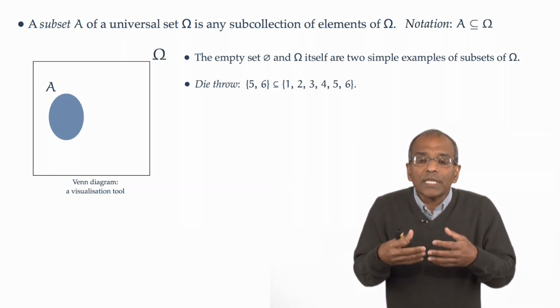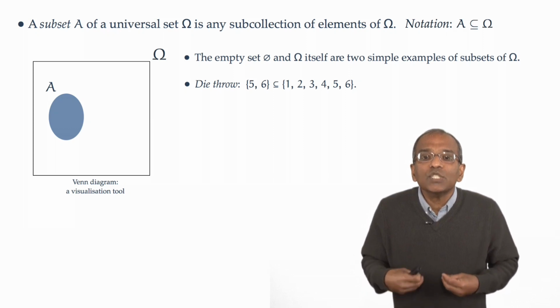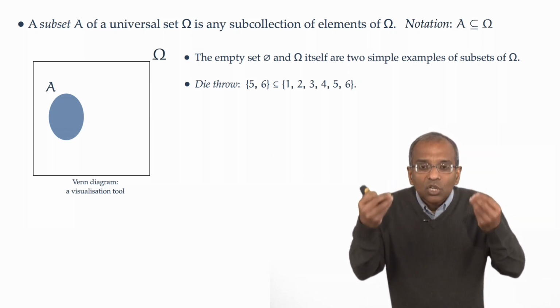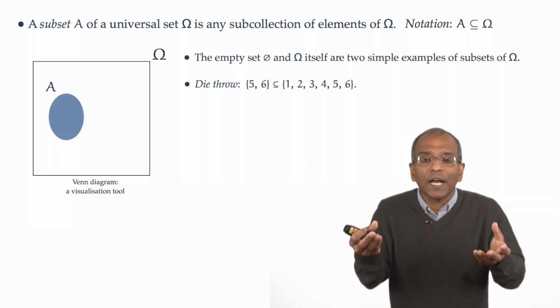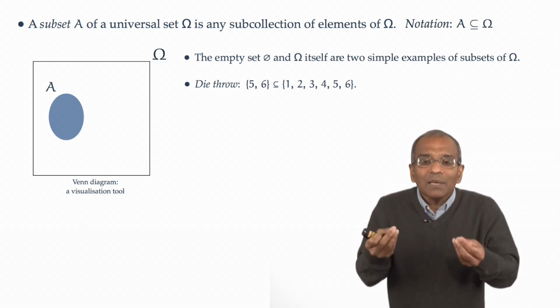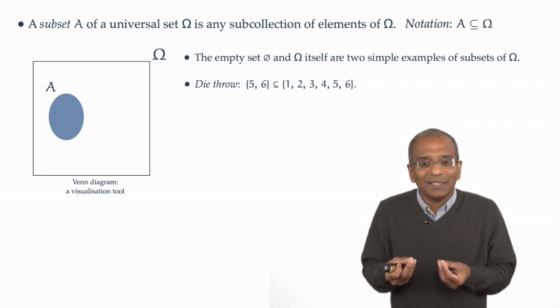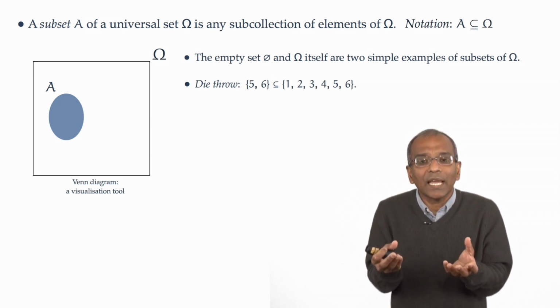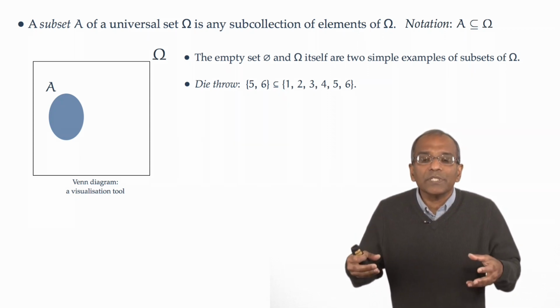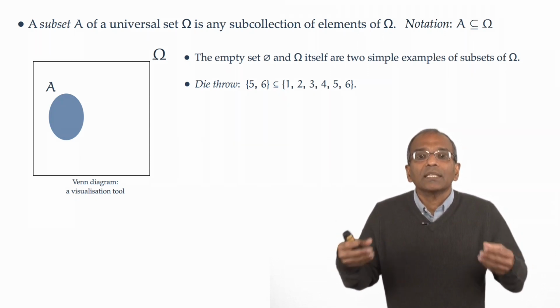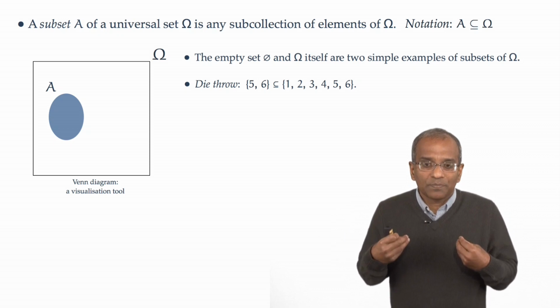Suppose I am interested in a throw which exceeds 4. This describes a subcollection, a subset, and we identify it as the elements 5 and 6 together. And so now we have a subset A consisting of elements 5 and 6, which is a subset of the set of possibilities, the numbers 1 through 6.